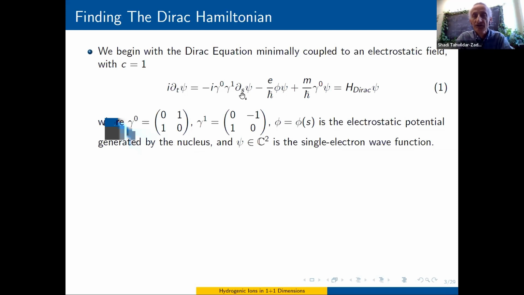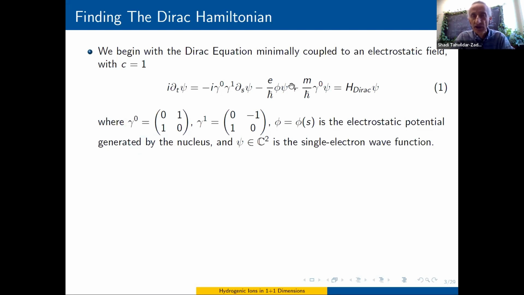So we write down Dirac's equation, which is this equation. We don't need to know much about what these things are. These gammas are certain matrices. The wave function for the electron is a two-component object in one dimension. It's two complex components, so it makes sense for this operator to be a 2x2 matrix.